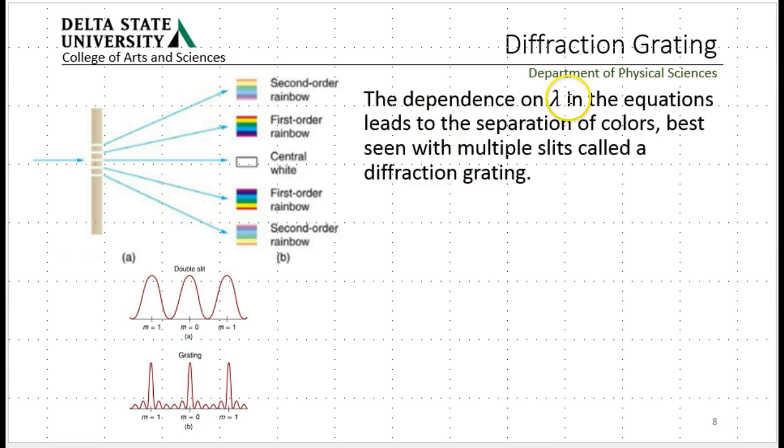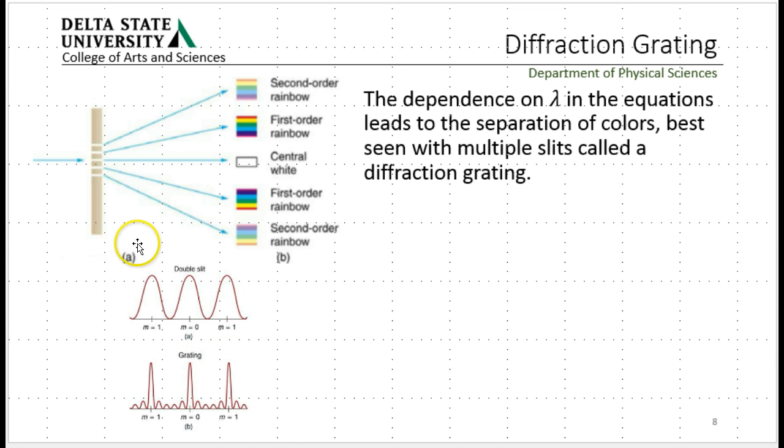Now, because of the dependence on the wavelength, once you start adding in more slits, what happens? Well, among other things, the peak from the double slit narrows as you add more slits.